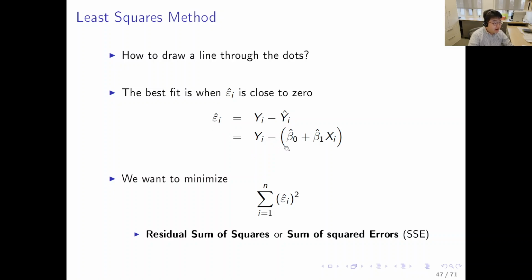The residual is defined this way. If you estimate beta 0 and beta 1 this way, your residuals will be defined this way. Our idea is we are going to square, because the residual could be positive and could be negative, but when I say minimize, that means we would like to make the residuals as close to 0 as possible. So then we are going to minimize actually the distance of the residuals from 0.